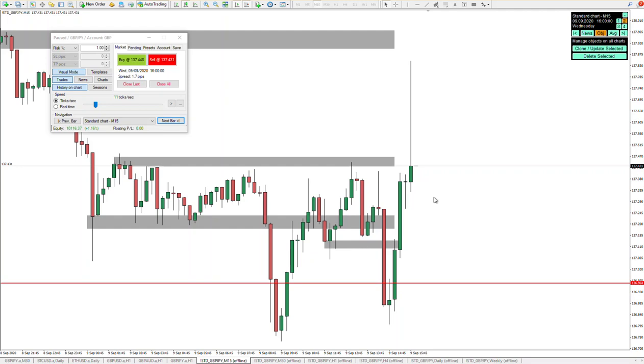But yeah, it formed a higher low here, just that this resistance was so strong. We had no close above, not at all, but we had higher low, higher low, higher low, higher low. This should have been the trade.